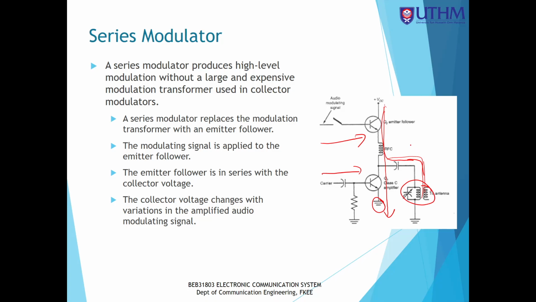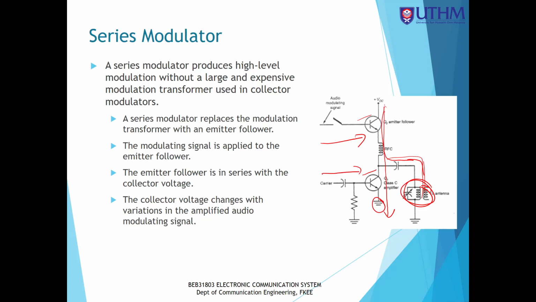So you see that both of these transistors contribute to the positive cycle at the output, whereas the LC tank circuit will contribute to the negative cycle of the output.